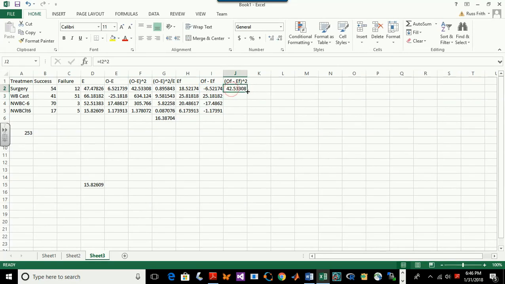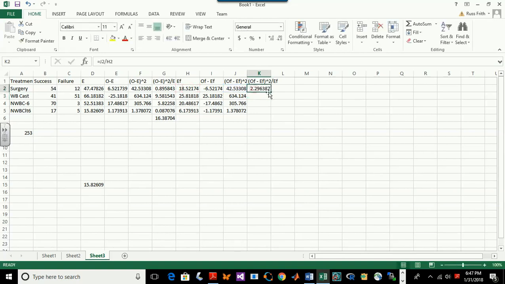And then we take that OF minus EF squared, and divide it by EF. So this would equal this number divided by expected.